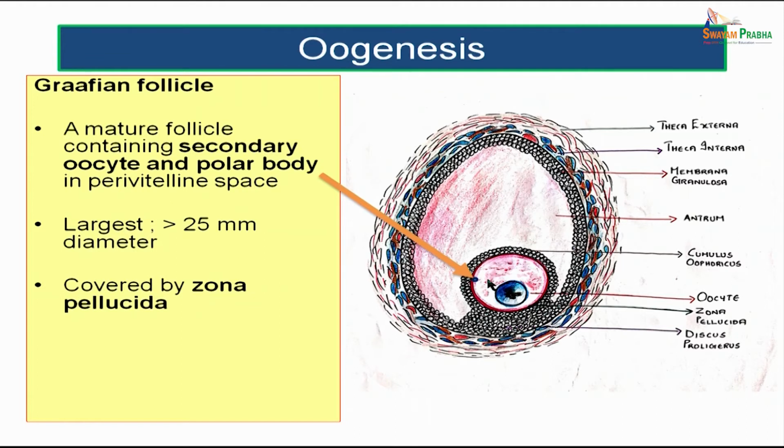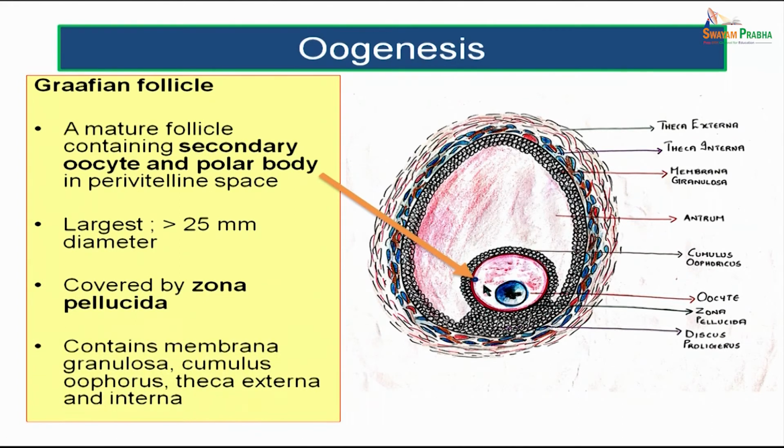And when you look at the secondary oocyte, you still have the immediate covering known as the zona pellucida. So, the zona pellucida is actually still covering the secondary oocyte within the Graafian follicle. And what are the other structures present in a Graafian follicle? You have the membrana granulosa cells, the cumulus oophorus, the theca externa, and the theca interna.